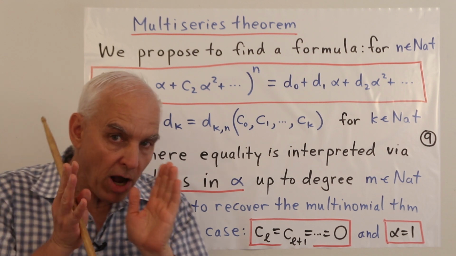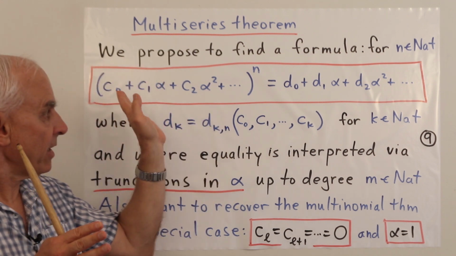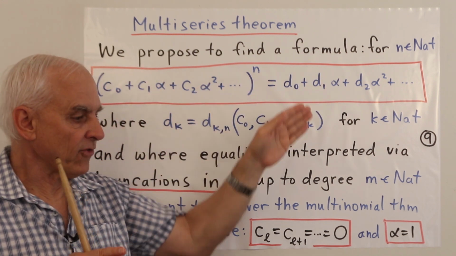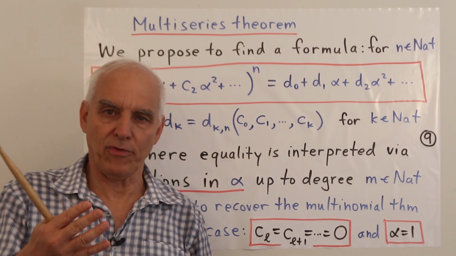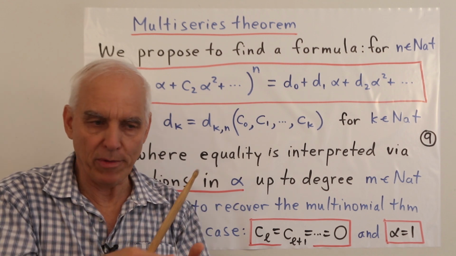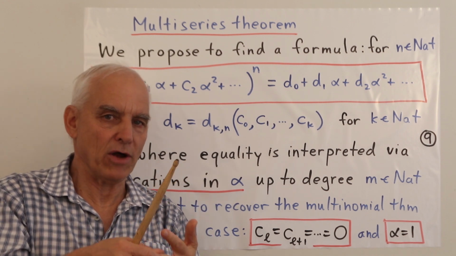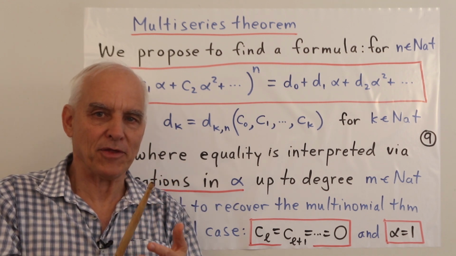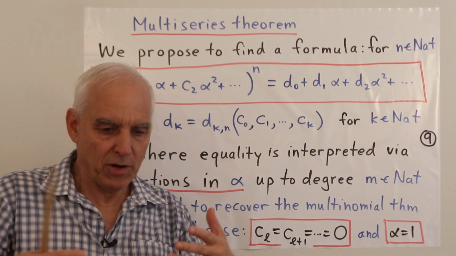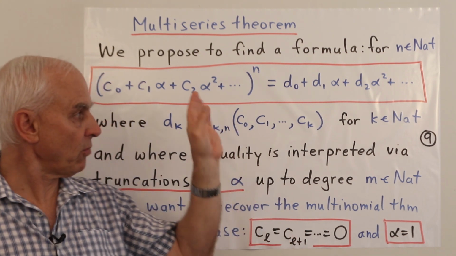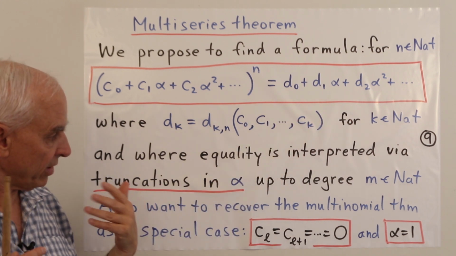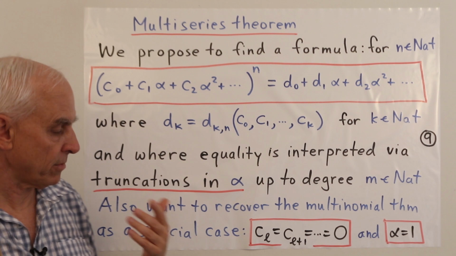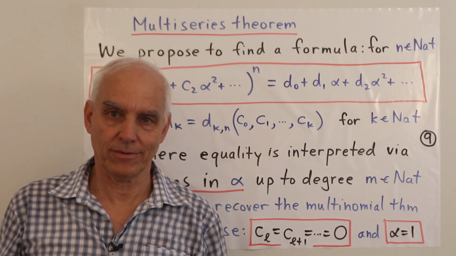So we have the prospect of getting equations like this that capture all of the multinomial theorems, the binomial and the trinomial and the quaternomial or whatever it is, the quintinomial, that we're capturing all of those essentially with one blow. So this is a really interesting thing to do, and the question is, well, can we do this?